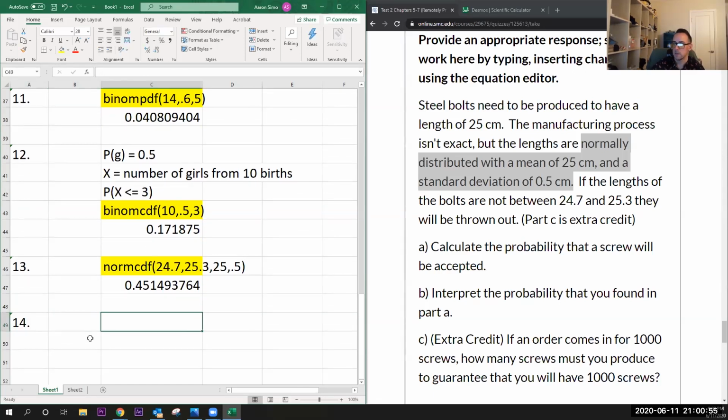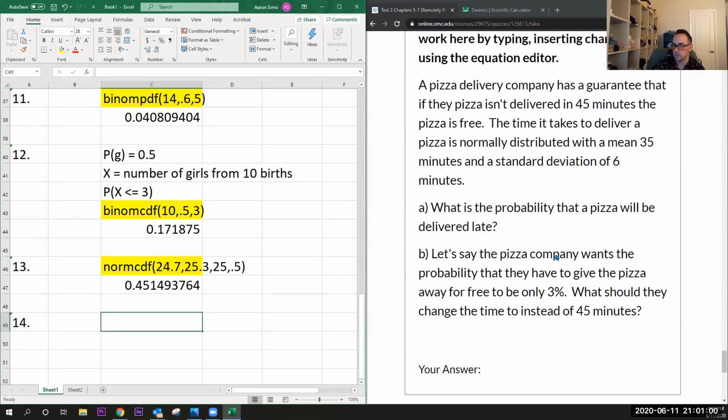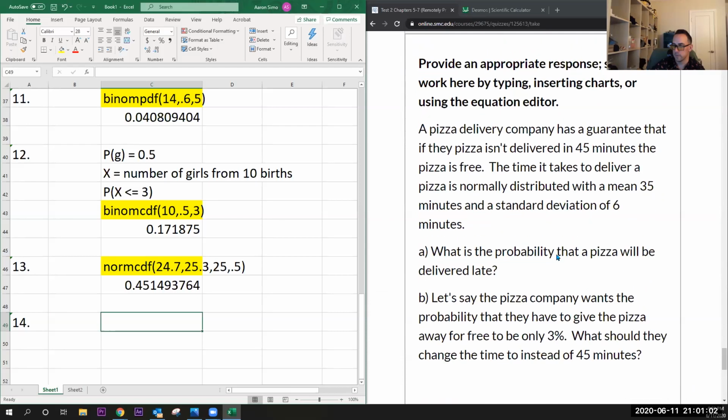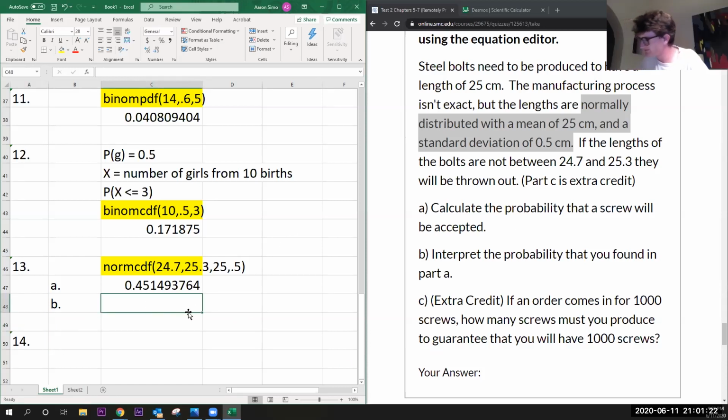Can you read that one? Is this the last one? Wait, I don't think we did a B. Interpret the probability that you found in A. How would you interpret that? I want you to use the word proportion, not just the word probability.